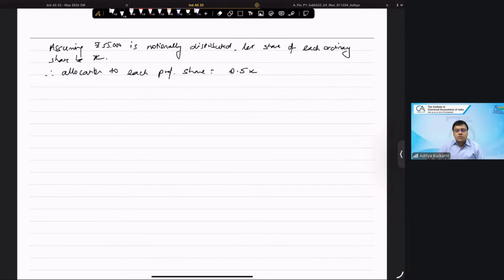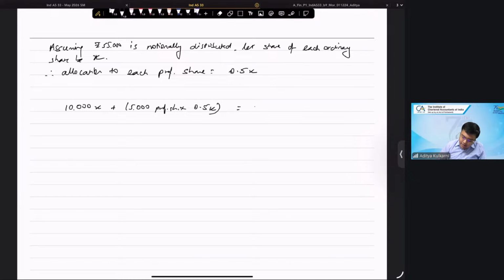This is only an equation, only an assumption. Now we frame it into an equation. I have 10,000 ordinary shares. Each of these shares will get X rupees dividend on the undistributed profits. I have 5,000 preference shares. Each of these is going to get 0.5x.